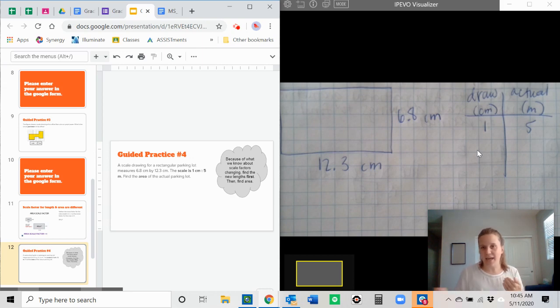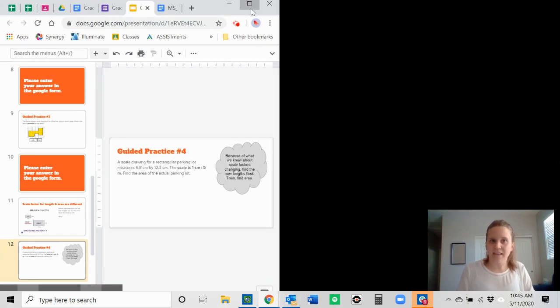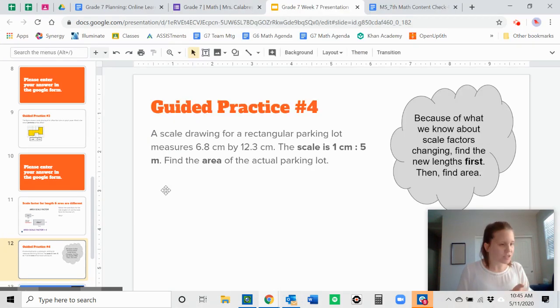Awesome. I'm going to hide my notes now. I want you to finish this on your own, find the new dimensions, and then find the area, okay? We'll come back together in just 30 seconds for those new dimensions.